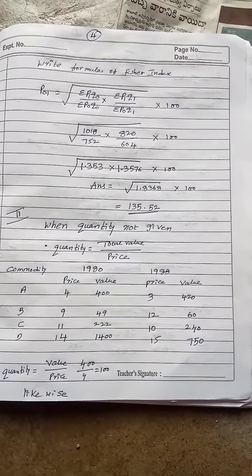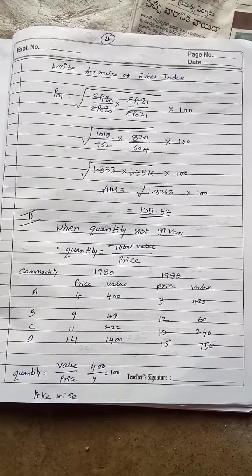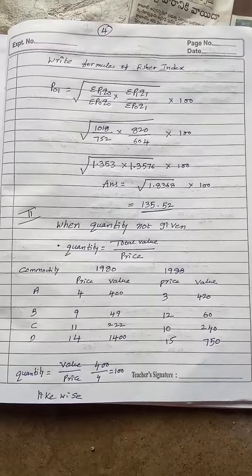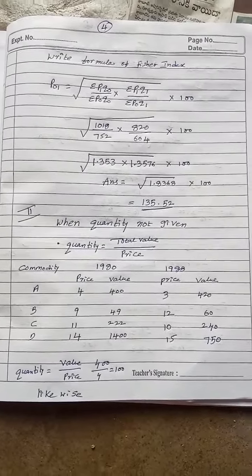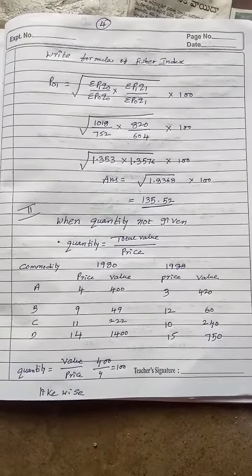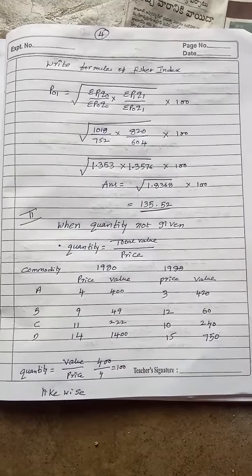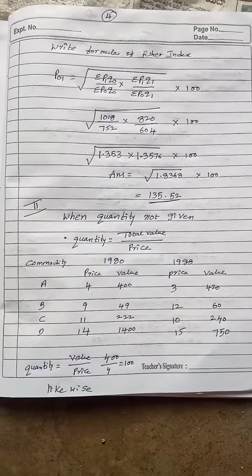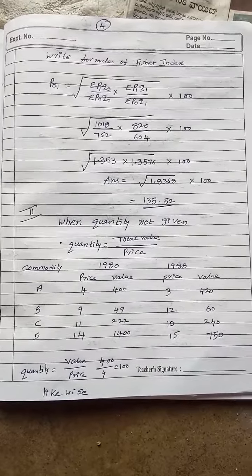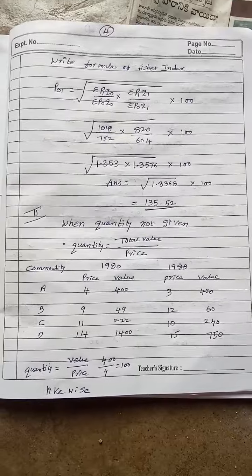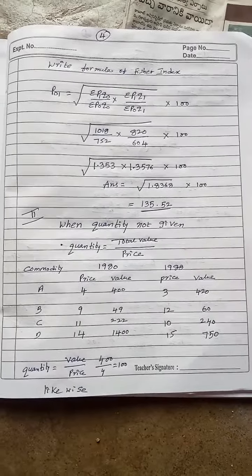If you take the value as Q1 and Q0 directly, it's wrong. You need to find out the quantities. See the question thoroughly, my dear students. You should know what they have given. So write down the formulas, write down the question, and try to do this.